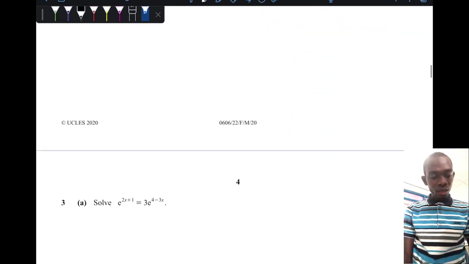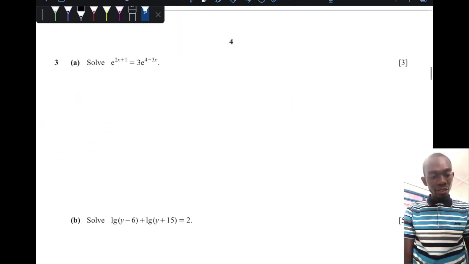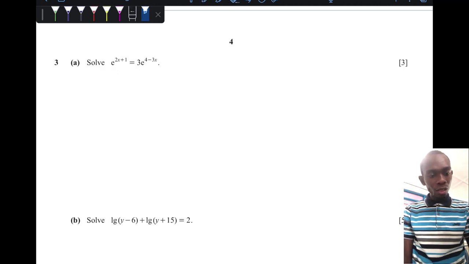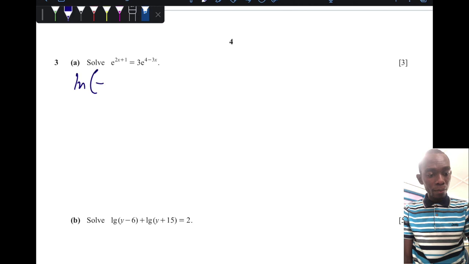Okay. Let's look at this case. So now we want to solve something like that. So you can just take the ln of both sides. It's easier that way. Okay, is equal to ln 3, that guy.